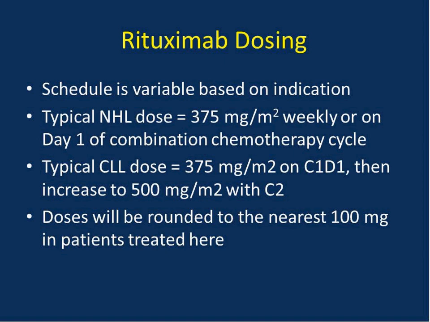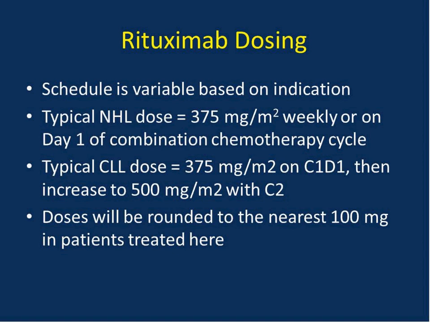So as far as dosing, there are lots of different options, and it really depends on the indication for rituximab. Typically, with non-Hodgkin's lymphoma or B-cell malignancies, the dose is 375 milligrams per meter squared, and that can be weekly or that can be per cycle, depending on how you're administering it.